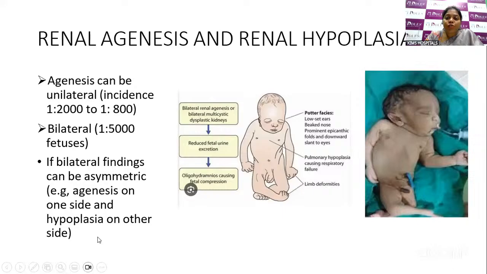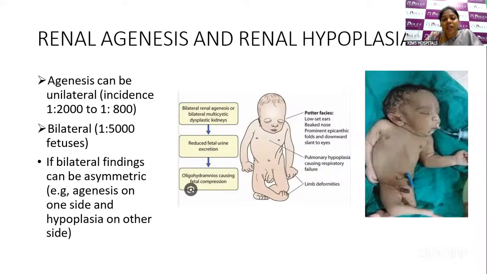So first we will talk about the abnormalities of the kidney. Renal agenesis or renal hypoplasia, unilateral occurrence, that is a child born with a solitary kidney, can occur in 1 in 2000 to 1 in 800, as common as 1 in 800. But bilateral is very, very rare, that is 1 in 5000.